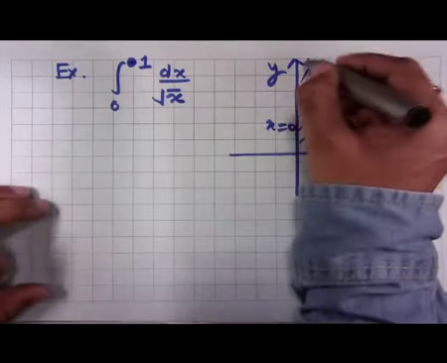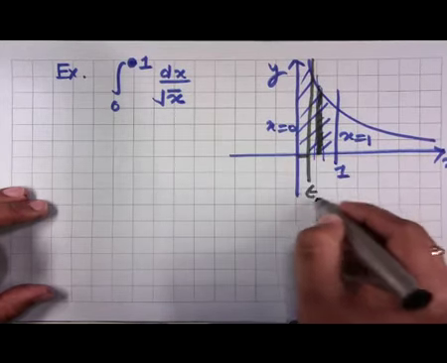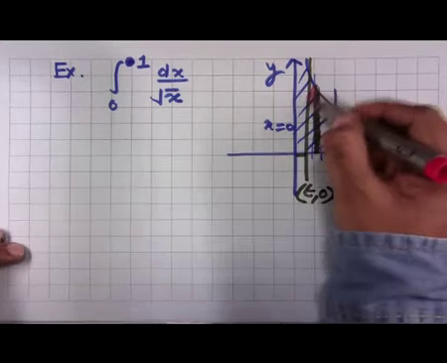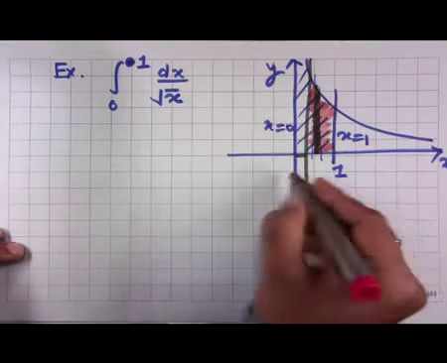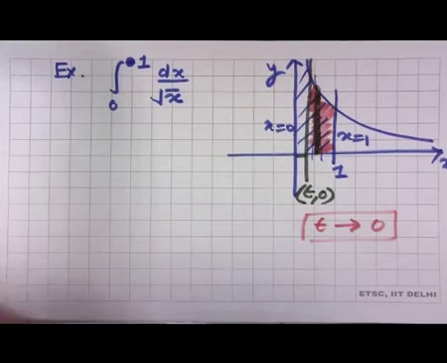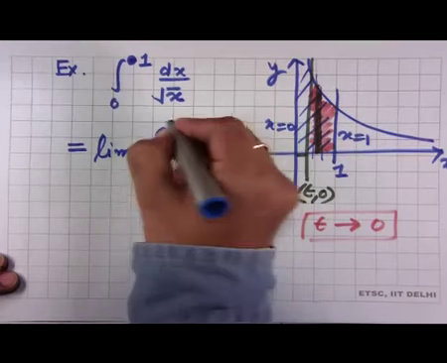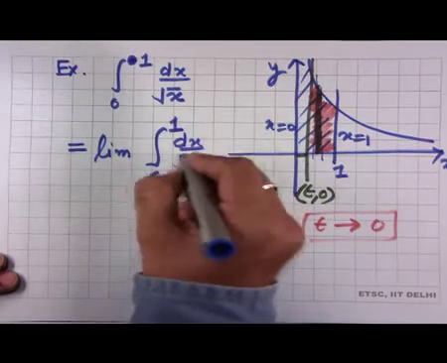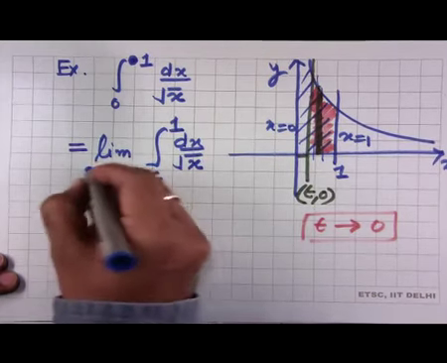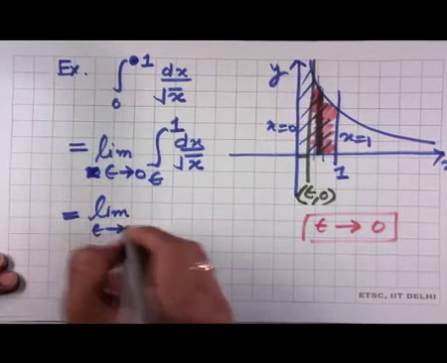So, the idea is the same. Again, we assume that this is epsilon comma 0, and then we evaluate this area, and then we take the limit as epsilon tends to 0. So, for that we need to write this integral as epsilon to 1 dx over root x, as epsilon tends to 0.